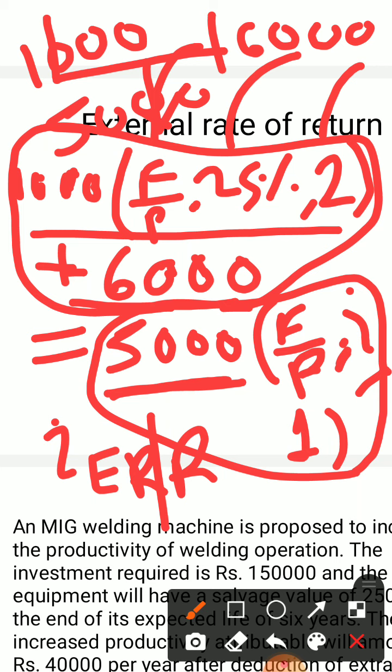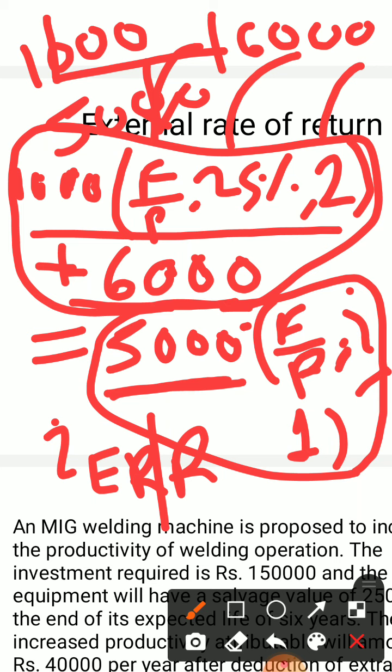In this case, this 1,000 is reinvested in another project for the same period of time, 2 years. Now for these expenses, how much interest rate I should consider so that the cash reinvestment and the cash expenses are equal?